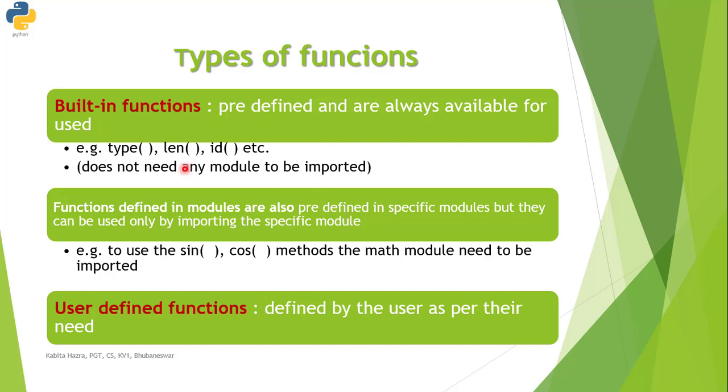So in Python, there are several functions for which we do not need to import any module, like type, len, id. All these do not require any module to be imported. Similarly, there are some functions like mathematical functions for which we have to import the math module. We will be discussing different types of built-in functions later on.